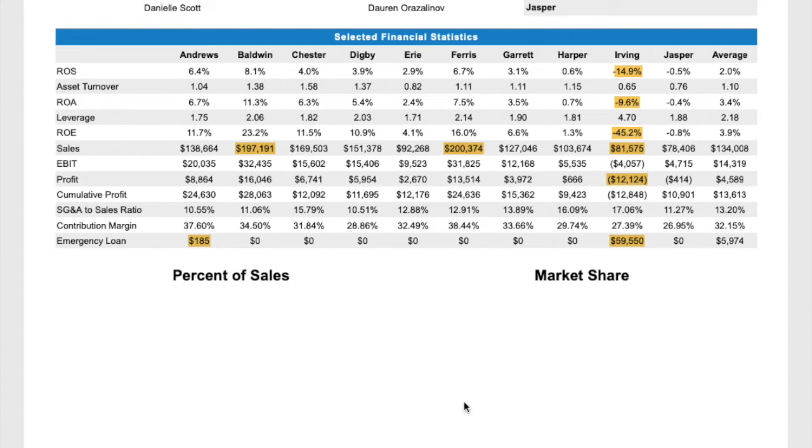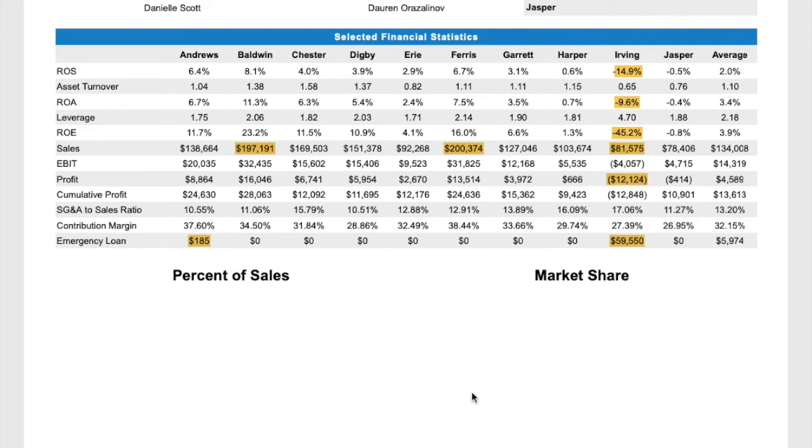The last reason can be that your profit was so negative that you exceeded your cash reserve. About 5% of the emergency loans fall into this category.